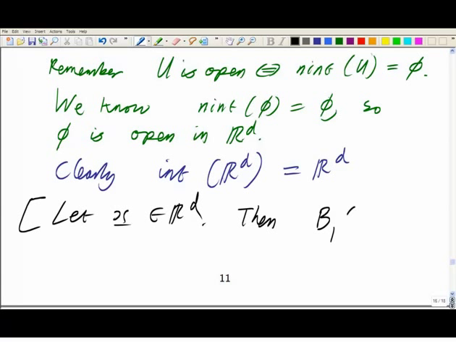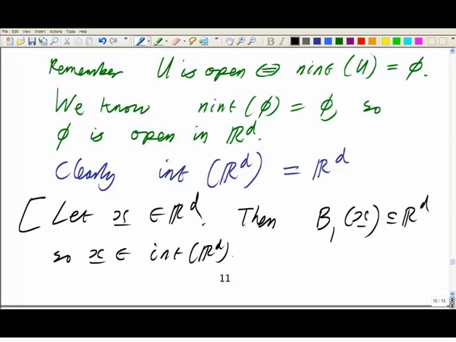If you did want to write a proof of it, you could take any radius ball you like and it'll work. Let me give you the one-line proof if you wanted a proof of that. Let x be in R^d.